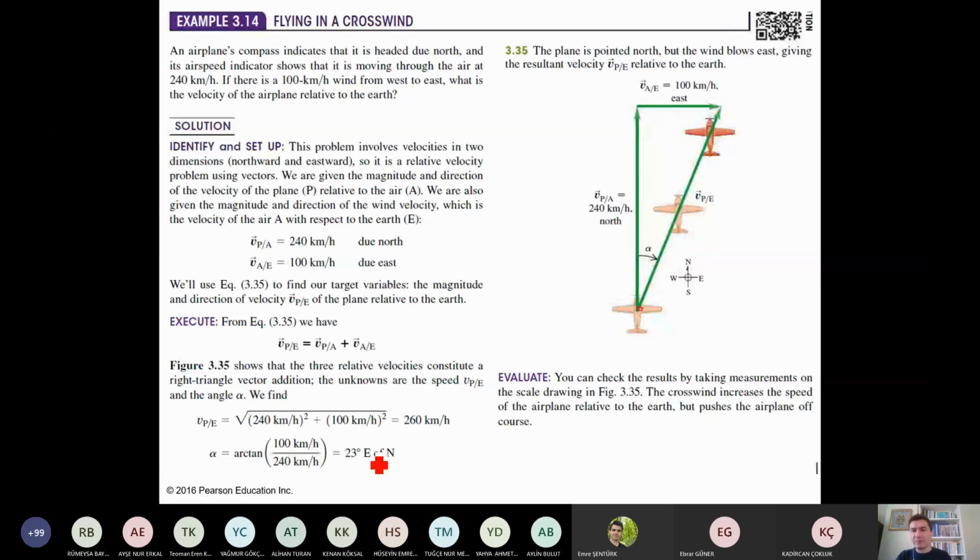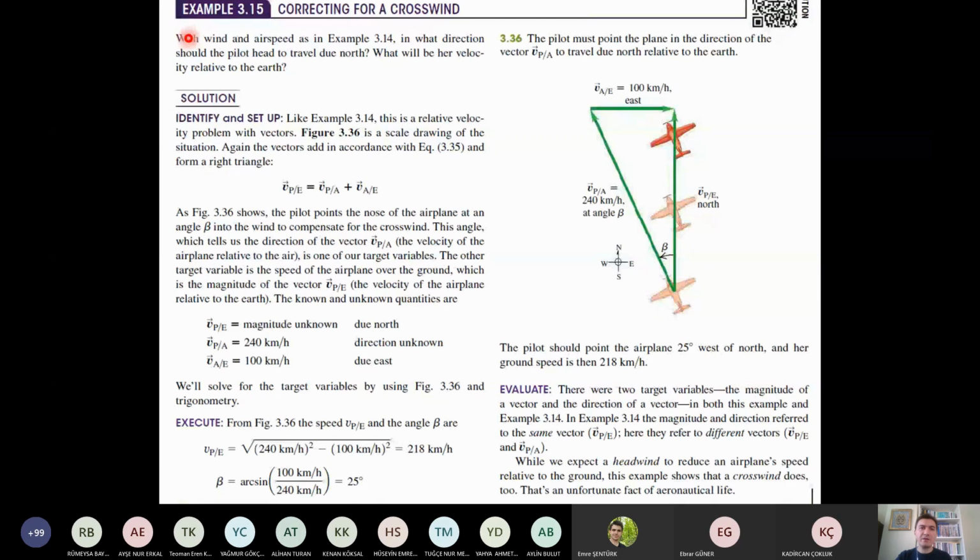But the pilot would like to keep its direction relative to the ground towards north. With wind and airspeed, as in example 3.14, in what direction should the pilot head to travel due north? What will be her velocity relative to Earth?